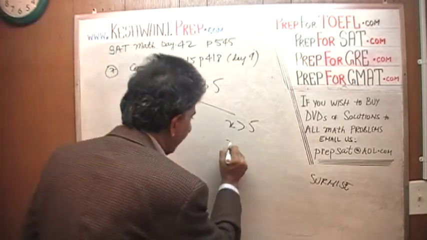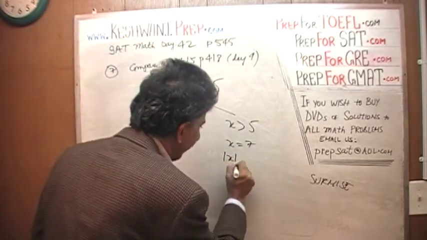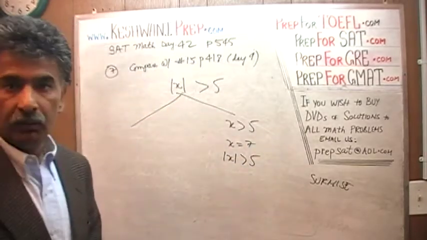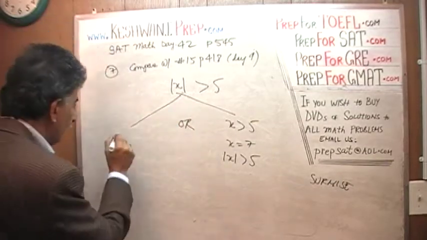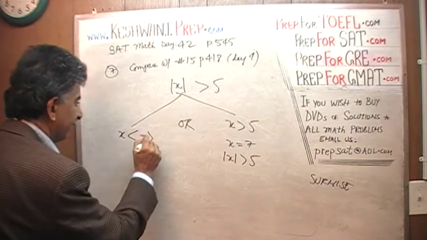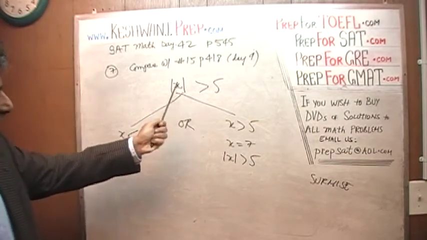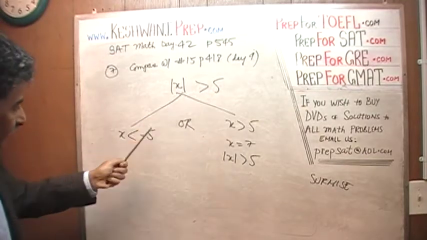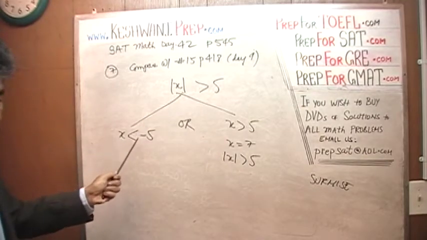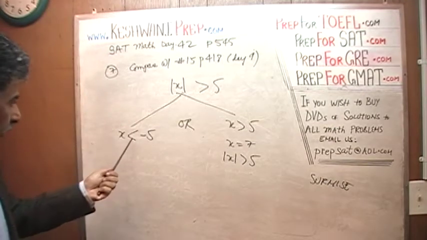For example, x could be equal to 7, in which case the absolute value of x, of course, is more than 5. Or x could very well be less than -5. You see how this direction switches? x is more than 5, or x is less than -5. It changes the direction when we're pointing to the negative side of the range. That is also possible.